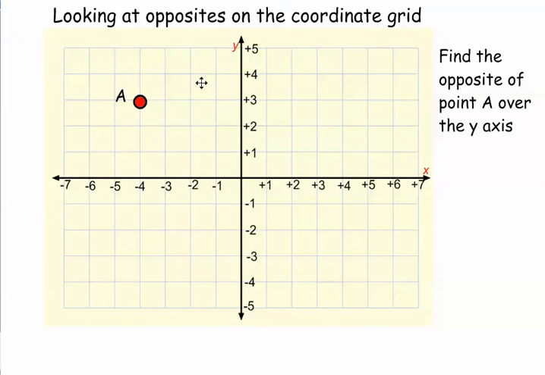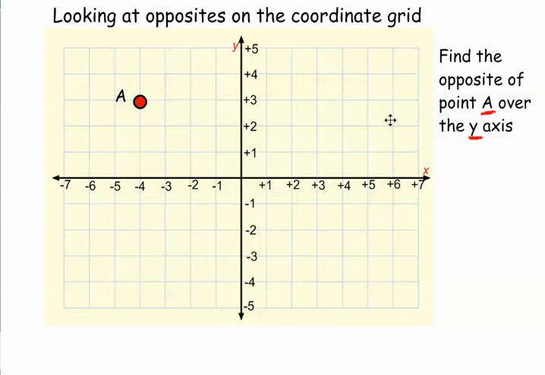Remember we talked about opposites in a previous unit. So I want you to find the opposite point of A over the y-axis, okay? So you know that the opposite is the same distance from 0.